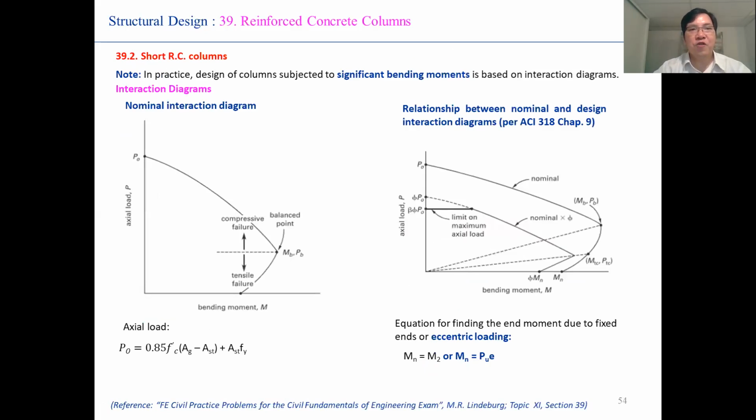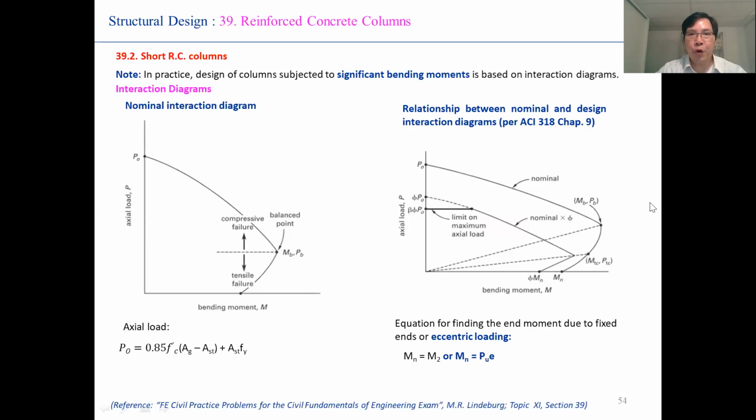And I show you in this slide the relation between axial load as a function of the bending moment M. Here I show the axial load P0 as a function of different parameters f'c, Ag, Ast, and fy.